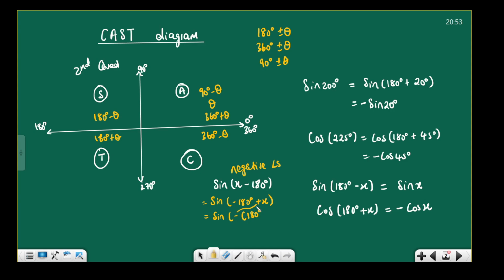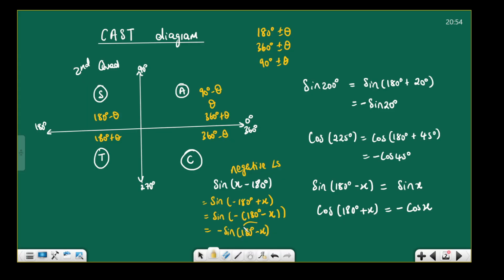Then negative times positive is negative, so you're going to have negative x there. Then from there, remember, you drop this negative if you are dealing with sine or tan, but if it was cos, you were not going to drop it. So we drop it and write sine, then we write what is in the brackets, that 180 minus x.